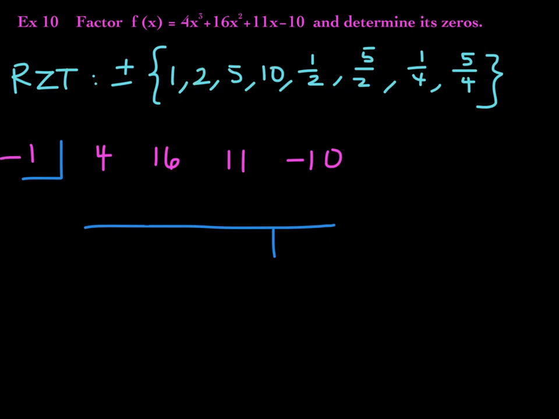All right, so we'll try a negative 1 here. All right, so what I see is that negative 1 is not a 0. Also, negative 1 is not a lower bound because these would have to alternate in sign and they don't.